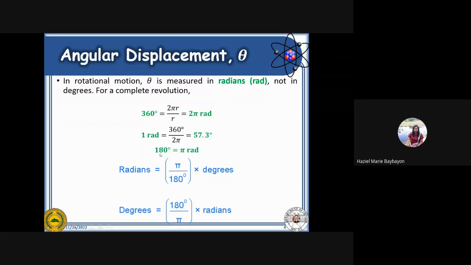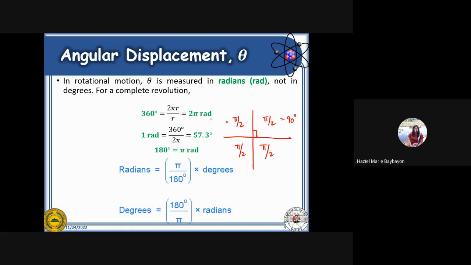Or kini siya 180 degrees equals pi radian. Di ba? Nakay Cartesian plane. So kini siya 90 degrees. This is pi over 2, 1/2 of pi. This is another 1/2 of pi. Kini siya diri kay 1/2 gapon ni siya sa pi. 1/2 of pi. So 90 degrees ni siya.